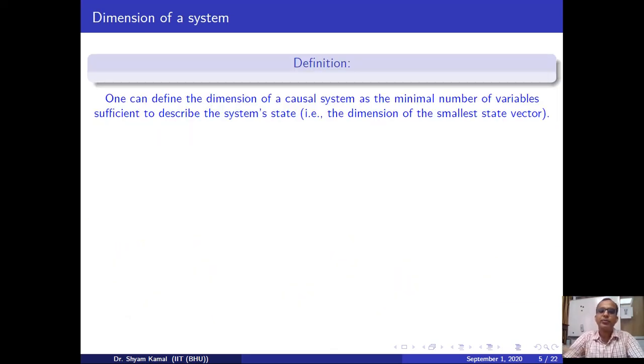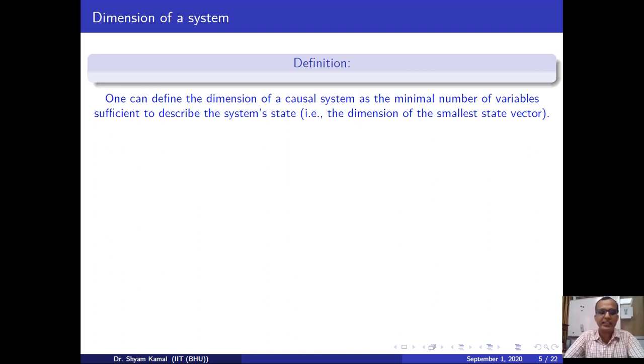Now let us come to another definition, which is related to dimension. I have already told you that causality is the necessary condition. So now one can define the dimension of a causal system as the minimal number of variables sufficient to describe the system's state.